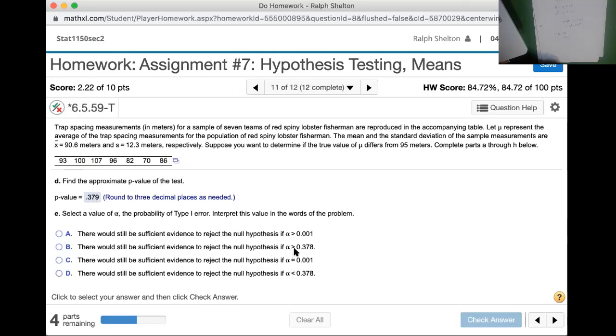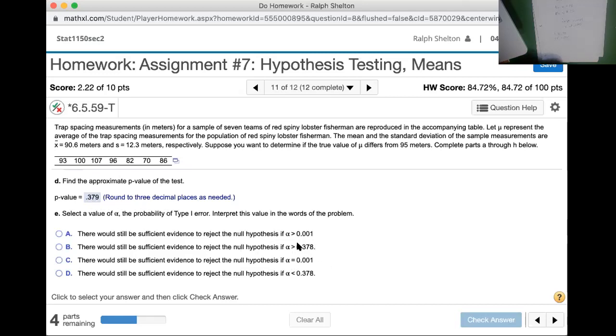So if alpha is greater than 0.378, then the p-value is either going to equal alpha or be less than alpha. And at a p-value equal to alpha, you can reject, okay? So that's the rule. When the p-value is equal to or less than alpha, you reject.